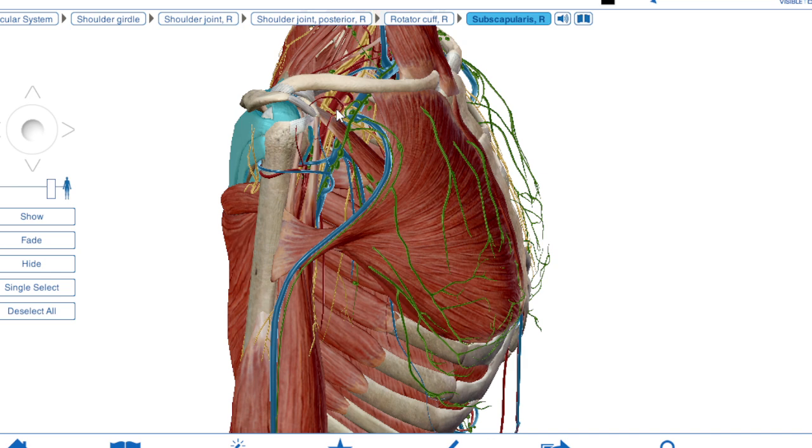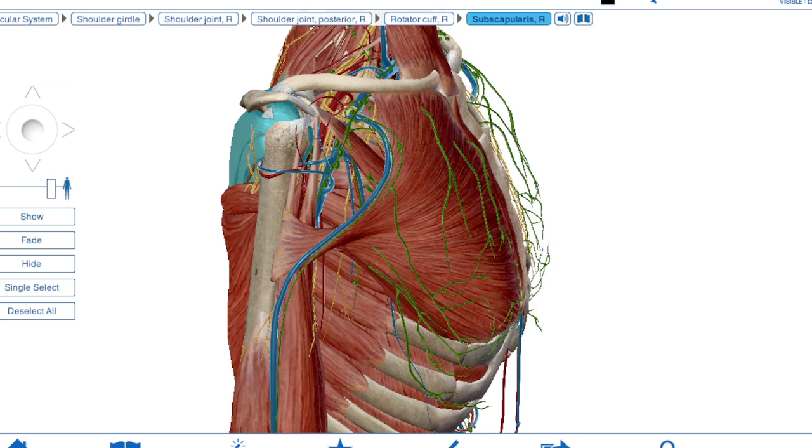Now you have the musculocutaneous nerve. The musculocutaneous nerve supplies the anterior side of the arm, and the other nerve is the median nerve. What does the median nerve do? The median nerve moves through this side and goes above the medial epicondyle, and supplies the anterior forearm muscles. And this is the ulnar nerve.